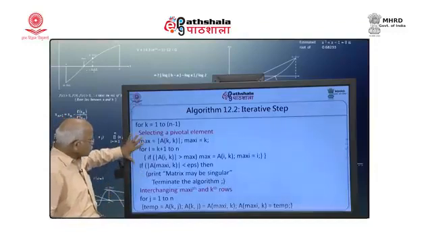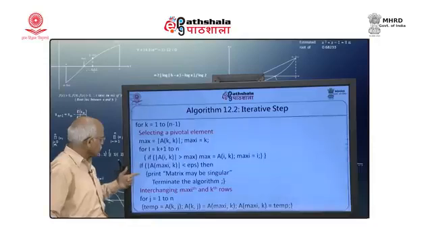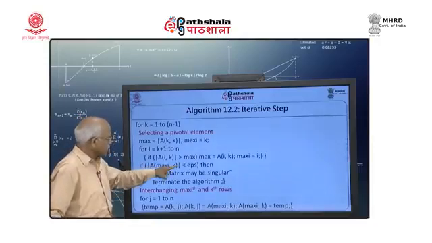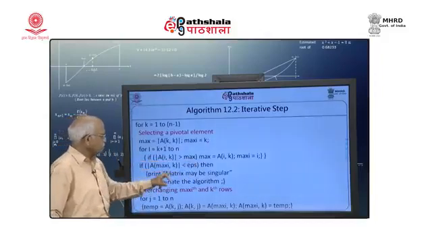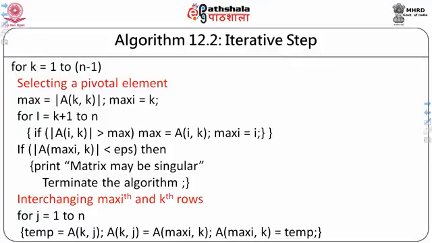And then, once we complete this, I will get the maximum element. So, I know what is the pivotal element that I have to use. Now, if this maximum element a_(max i)k is less than epsilon, then I will print that the matrix may be singular and terminate the algorithm. So, that also care we have to take in the computer algorithm.